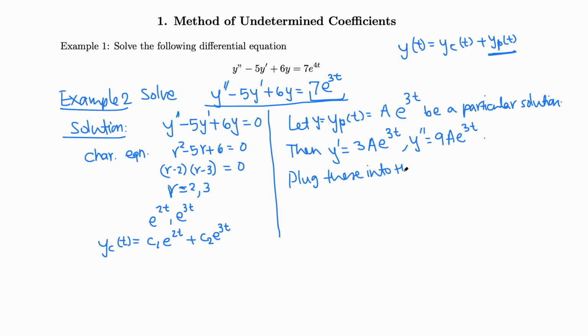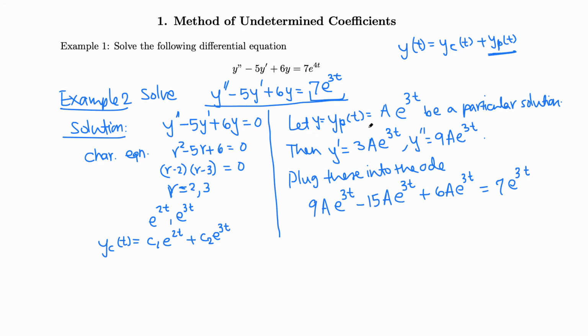Now we plug these into the ODE. We are doing example 2 here. y double prime is 9a e raised to 3t, minus 5y prime. This is y prime multiplied by 5, 5 times 3, 15a e raised to 3t, plus 6y, 6 times y, 6a e raised to 3t, equals 7 e raised to 3t.